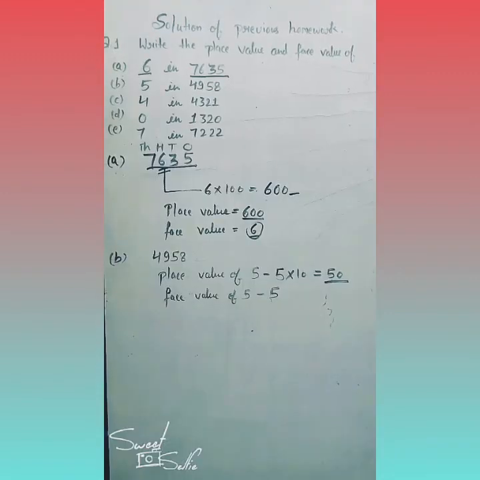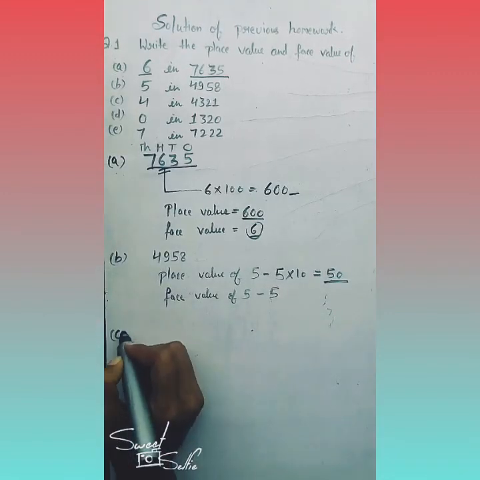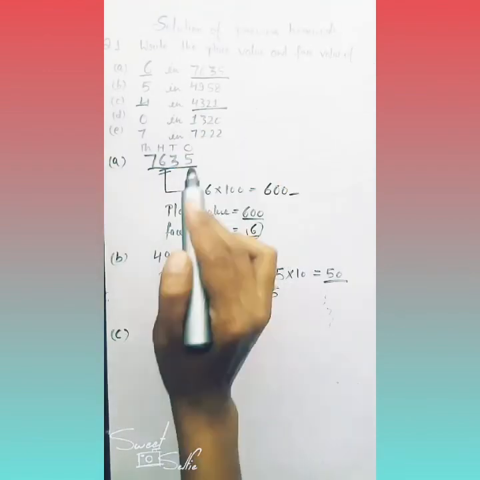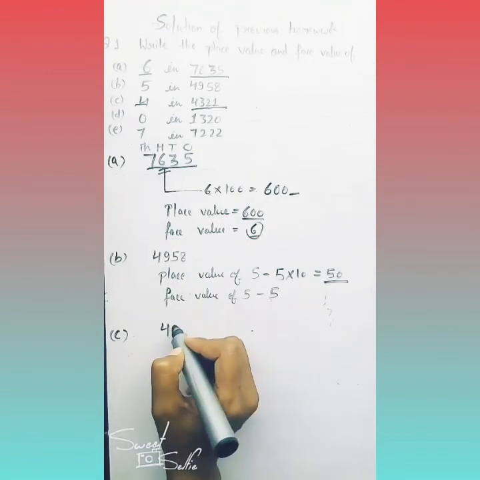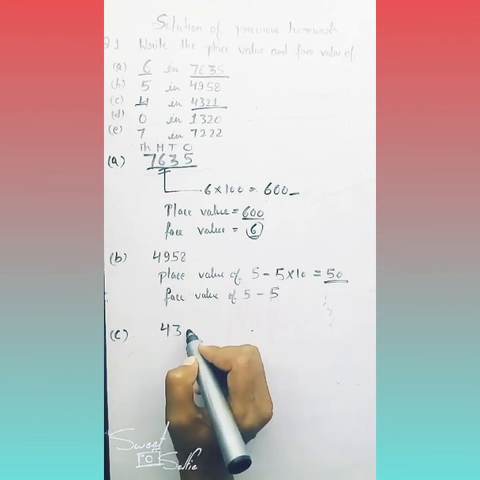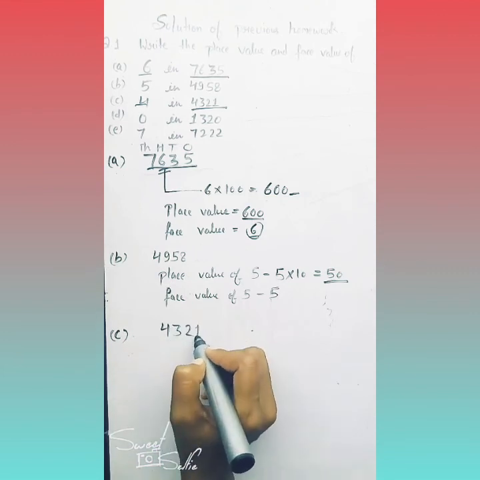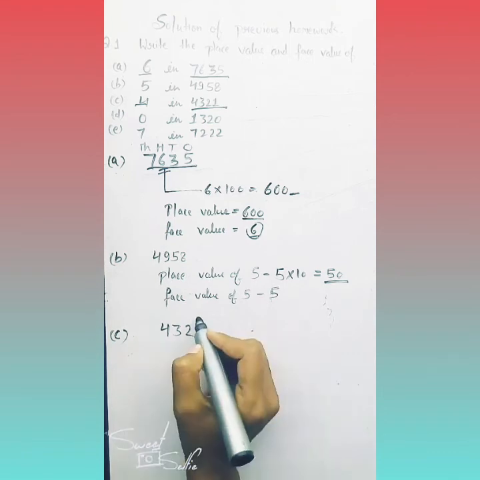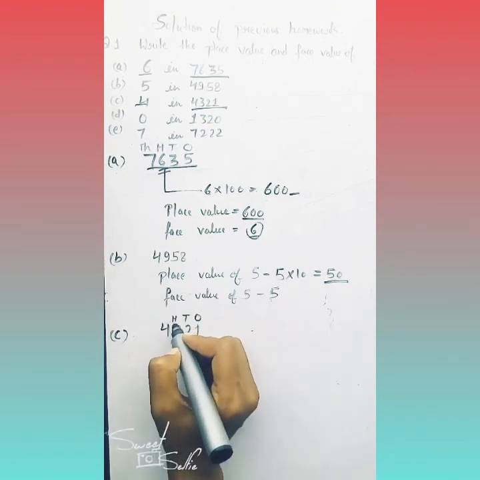Now look at C. In C, we have 4 in 4321. We have to find out the place value of 4 in 4321. Ones, tens, hundreds and thousands.